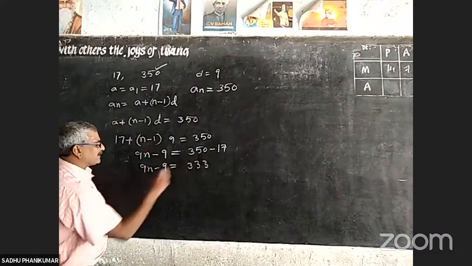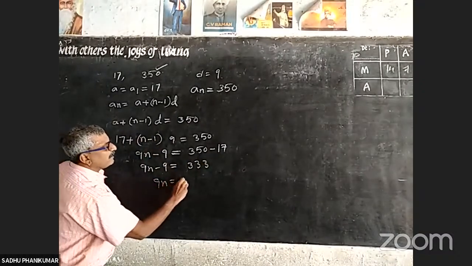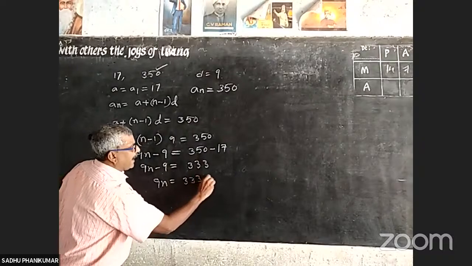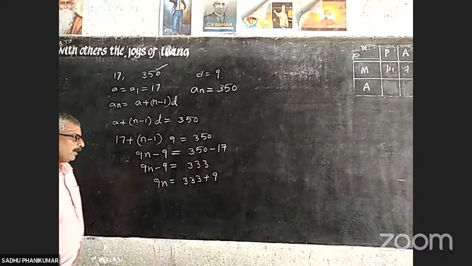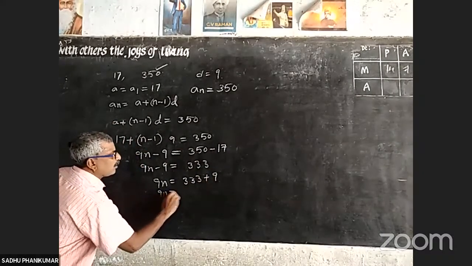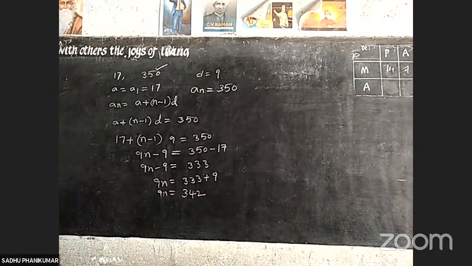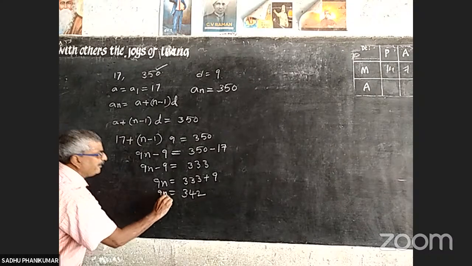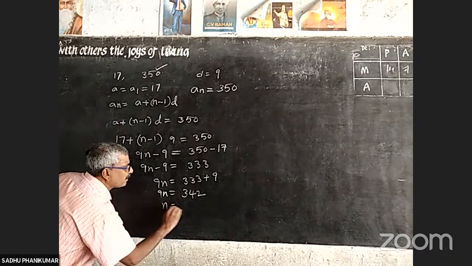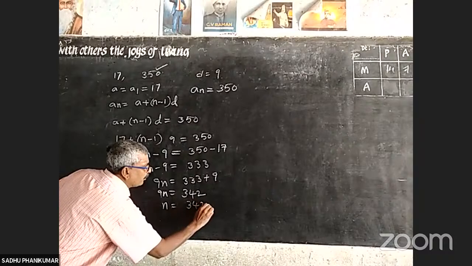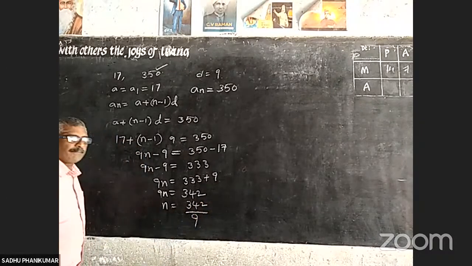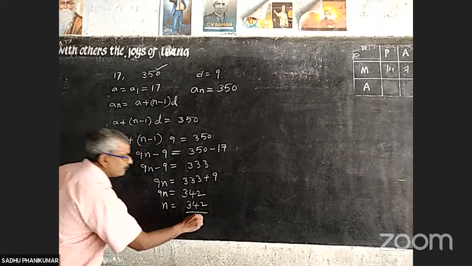Again, get the 9 to that side. 9n is equal to 333 plus 9. 9n is equal to 342. n is equal to 342 by 9.